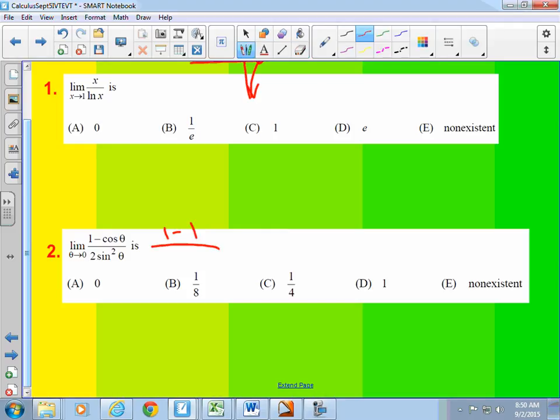And on the bottom, what is sine of 0? 0, right? Everyone agree? Sine of 0 is 0, which means I have 0 over 0. What's that mean? There's more work to do.